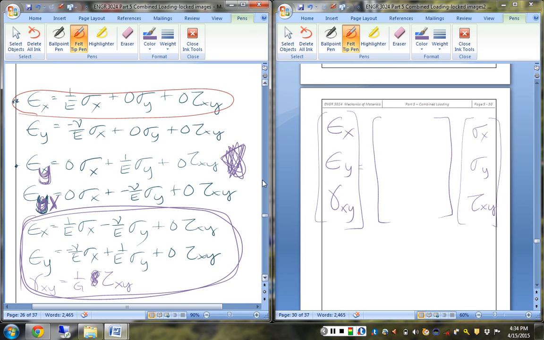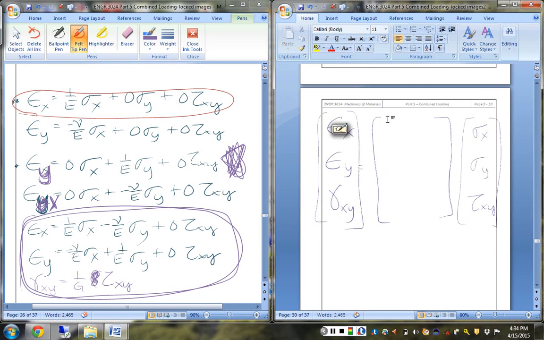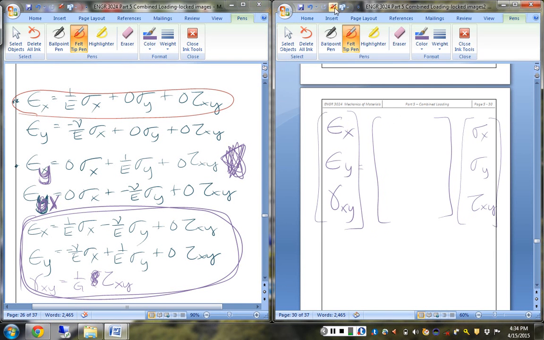And what is that going to look like? That is going to look like a 1 over E, a minus nu over E, and a 0, and minus nu over E, plus 1 over E, and 0.